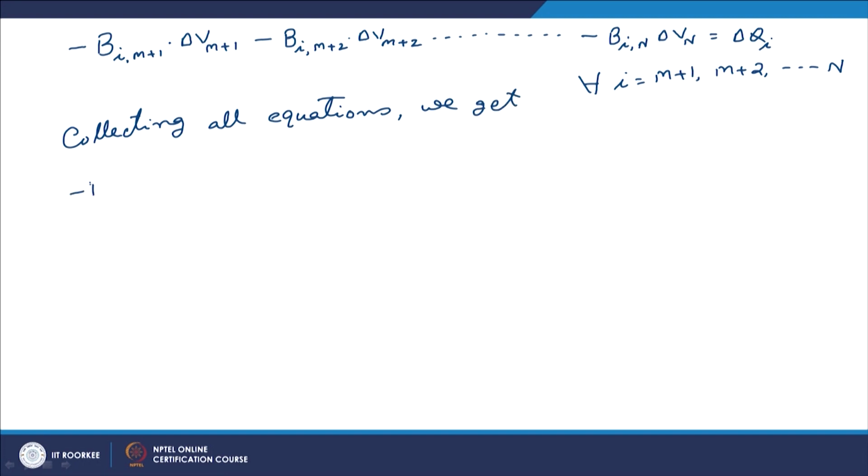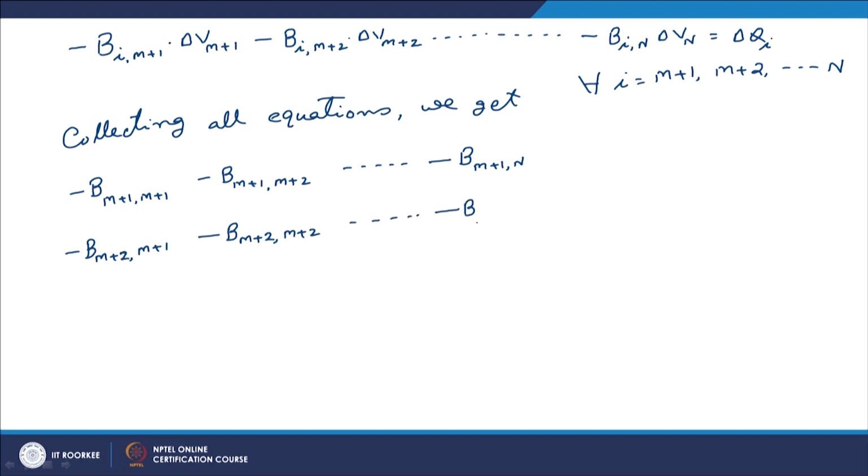We get minus b m plus 1 m plus 1, minus b m plus 1 m plus 2, dot dot dot, minus b m plus 1 n, then minus b m plus 2 m plus 1, minus b m plus 2 m plus 2, then dot dot dot, minus b m plus 2 n, then minus b n m plus 1, then minus b n m plus 2, then dot dot dot, minus b n n.